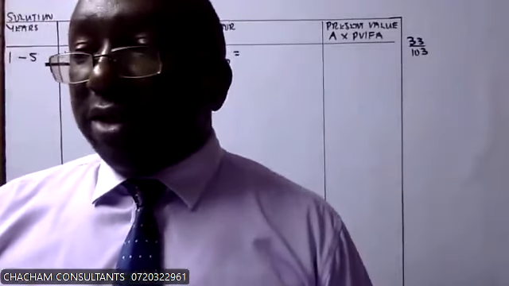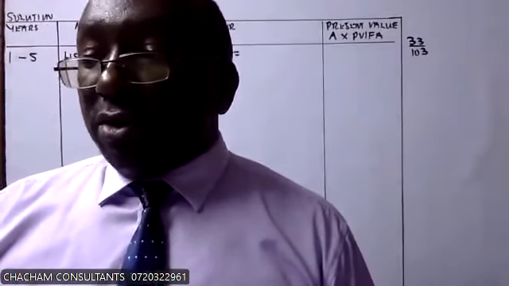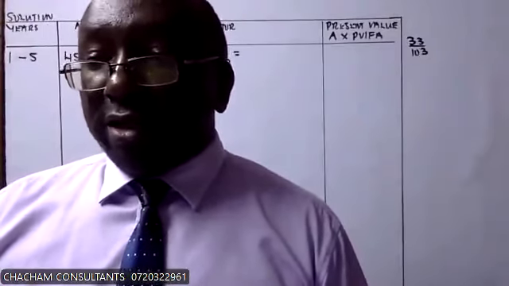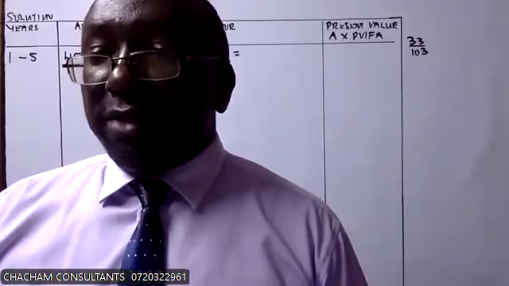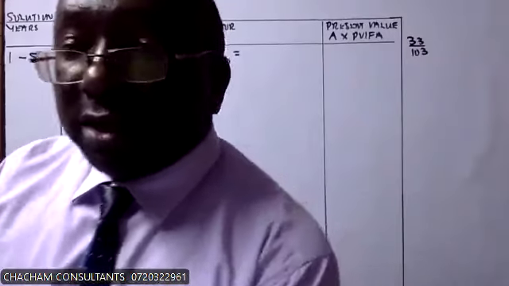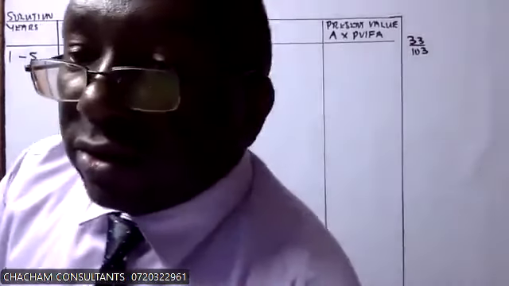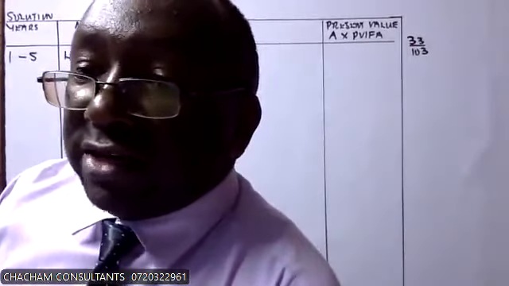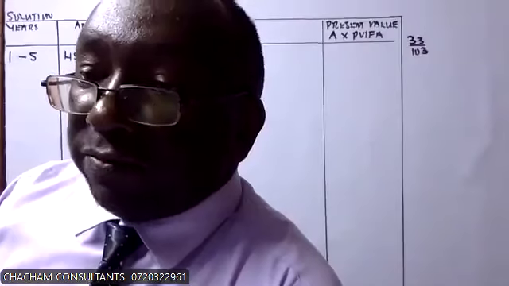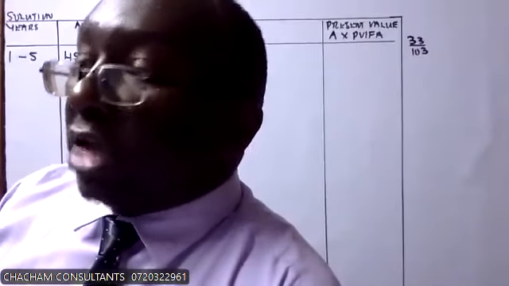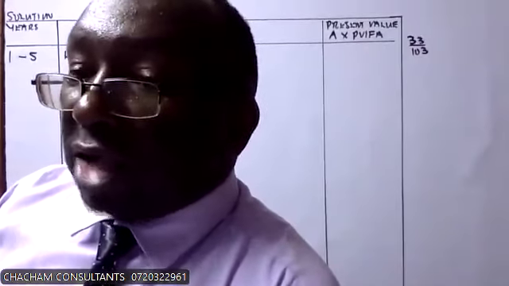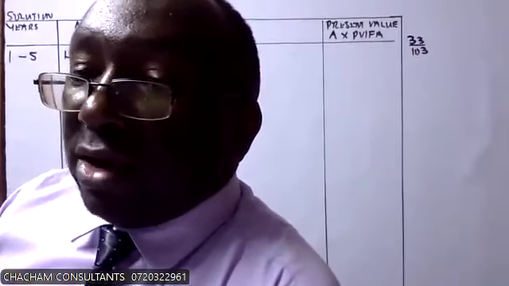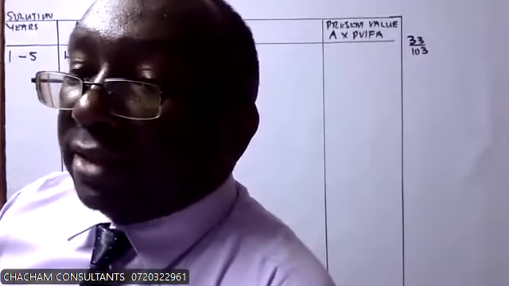The first one is on page 32. Actually, they are in the same page. The first one is the present value for one shilling received at the end of n periods. Those ones we call the single cash flows. You can see the formula there, 1 plus R raised to power minus n.